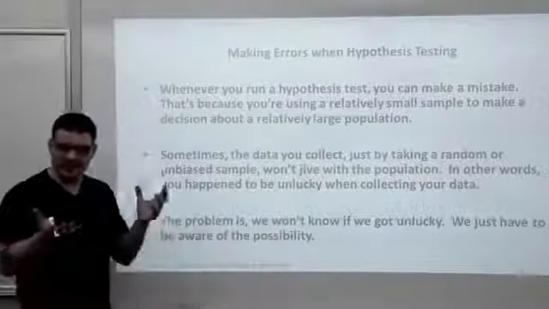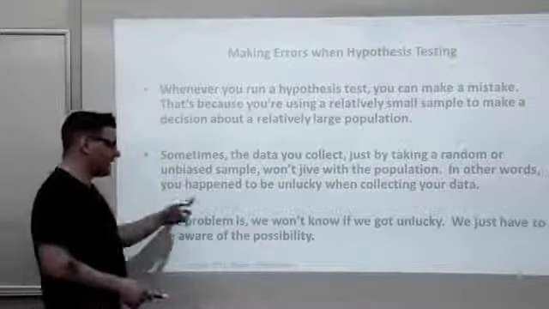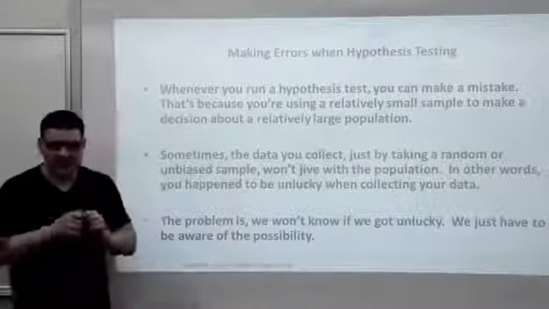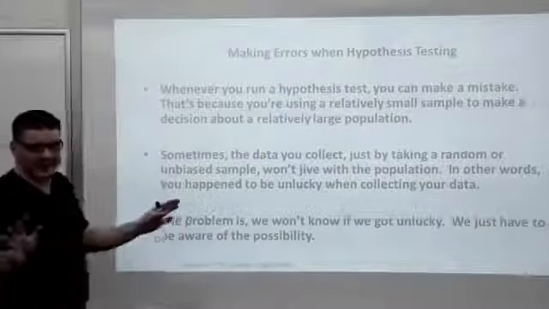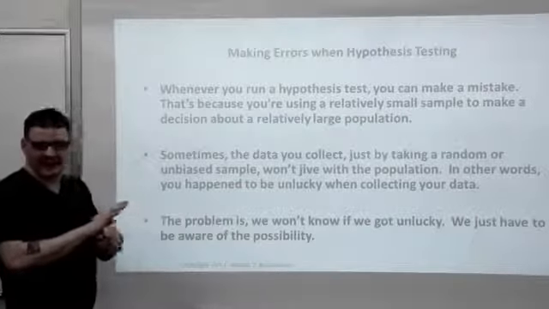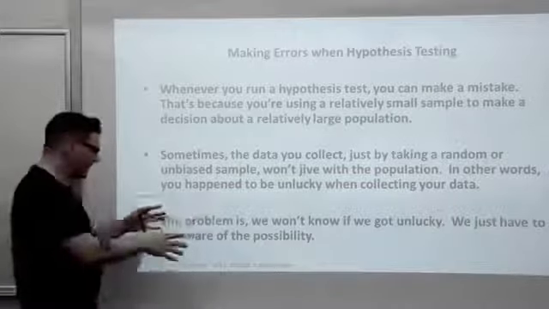The data will misrepresent what's really happening in the whole population. In other words, we kind of just happened to be unlucky when we collected our data. Even if we thought through and had the best data collection plan in the world, got a completely simple, random, unbiased sample, we still could get unlucky.